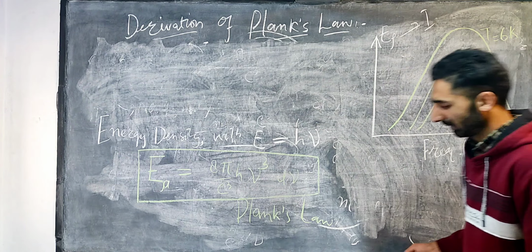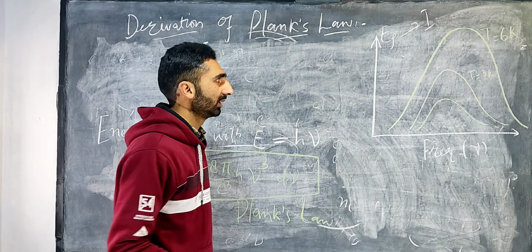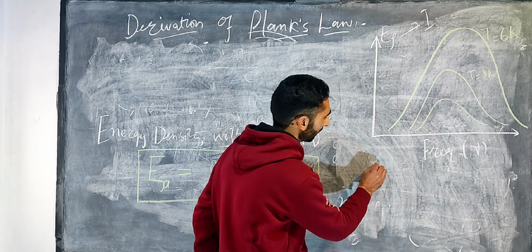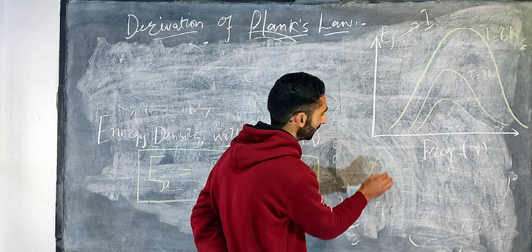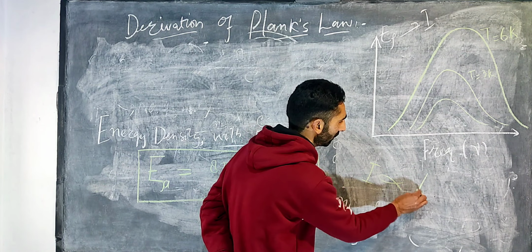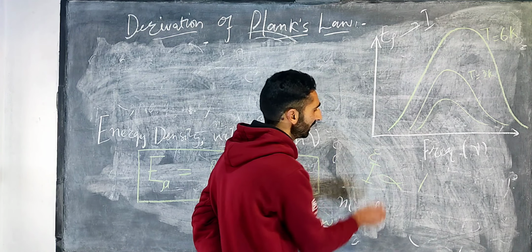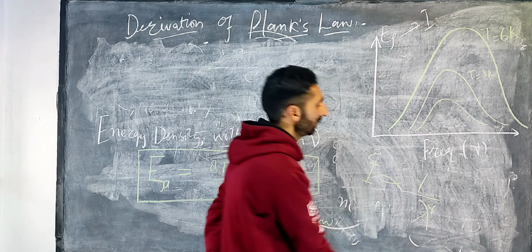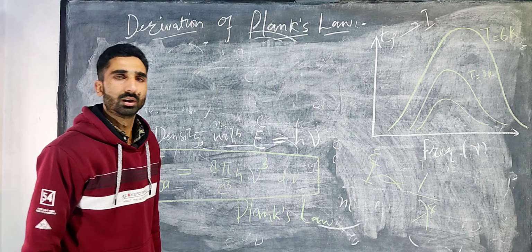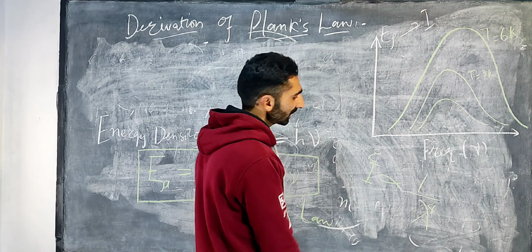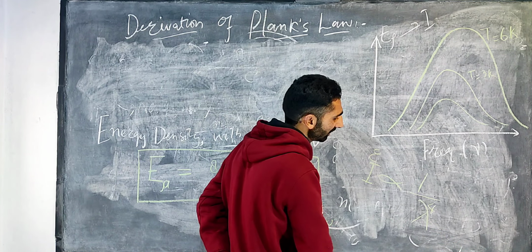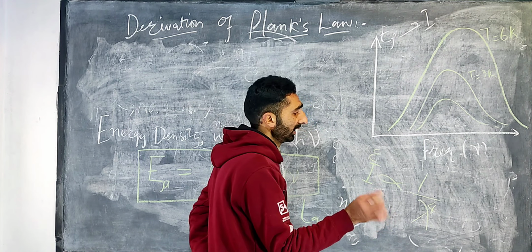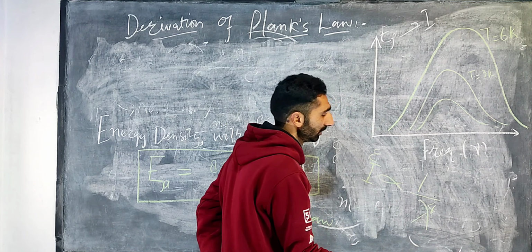But classically, if we consider the wave theory of light, we were getting a relation between the intensity, or we can say the energy density, and wavelength as 1 upon lambda to the power 4. That is in some aspect consistent, because we know that wavelength and frequency are inversely proportional to each other.